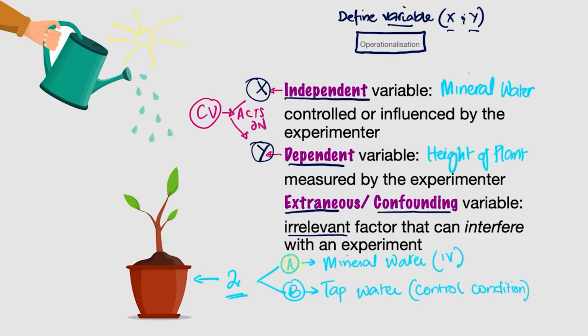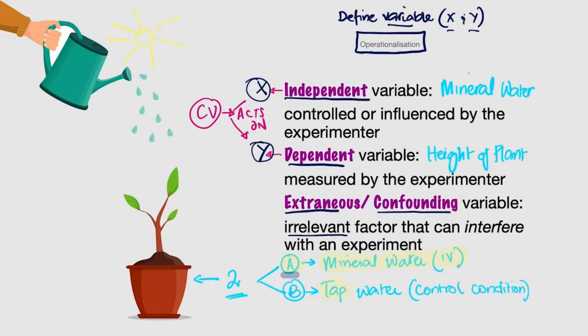Plant A receives a lot of sunlight and it receives mineral water, but plant B doesn't get a lot of sunlight, but it does get the same amount of water, just gets tap water. How do you know that plant A is not growing faster because of mineral water? It's growing faster because of sunlight.